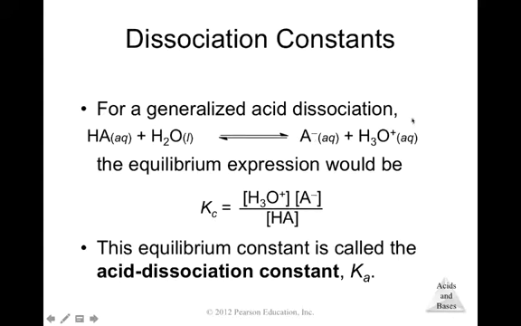Here's your conjugate base, and your conjugate acid. So the equilibrium expression would be the concentration of H3O plus times the concentration of your conjugate base over the concentration of your acid. Again, H2O isn't going to count because this is a liquid. So this is called the acid dissociation constant, and we call this Ka with a subscript A.